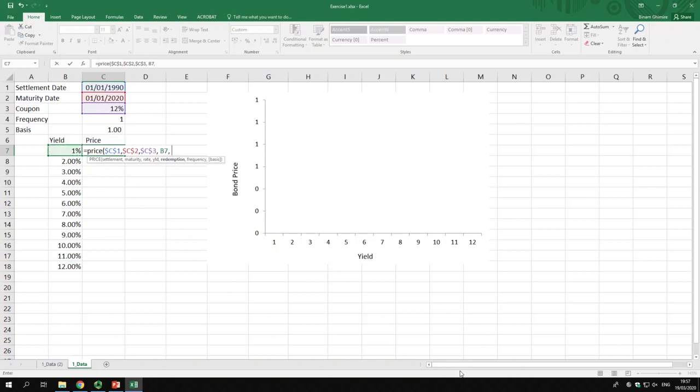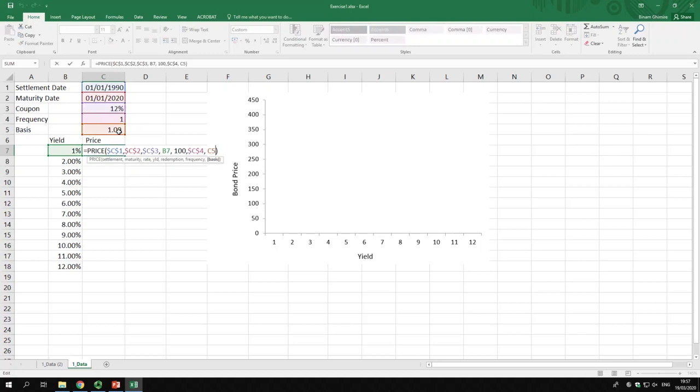And then you've got redemption, let's say it's 100, the par value or the nominal value, and now you've got frequency, which is C4 here, and finally the basis, which is actual. So we've done everything.